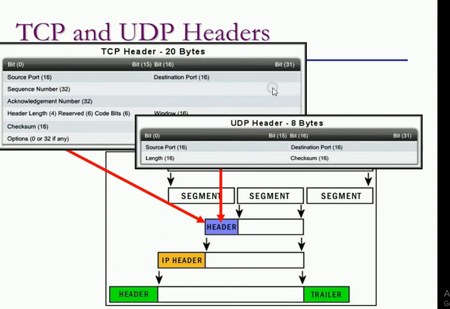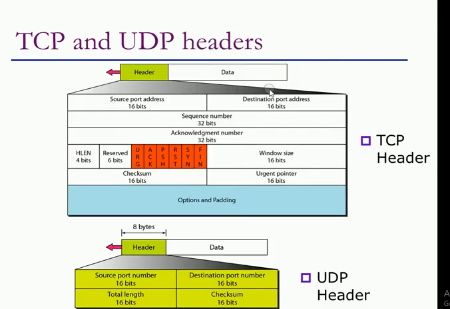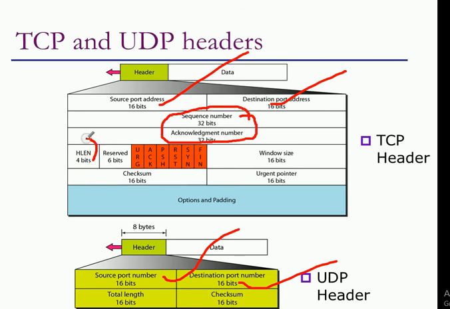Okay, now that we know the headers, let's see in detail. There are some things to discuss over here. Source and destination ports are the same for both. Sequence and acknowledgement, we'll talk about this. This is the header length. This is reserved, which is not necessary right now.